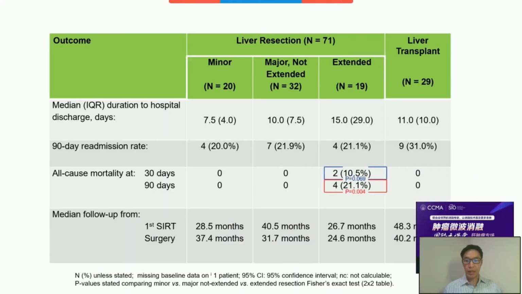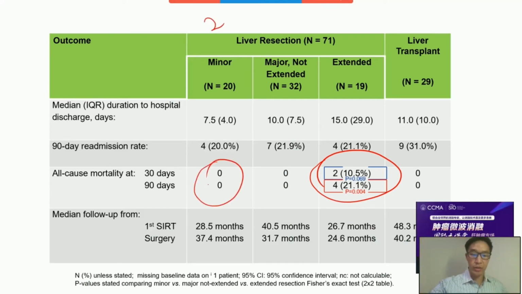So the most important table here, or the most important area to look at, is here. And what we can see is in cases where there are only 2 segments resected, there was no mortality event. In situations where there were 4 segments resected, there were no mortality events.